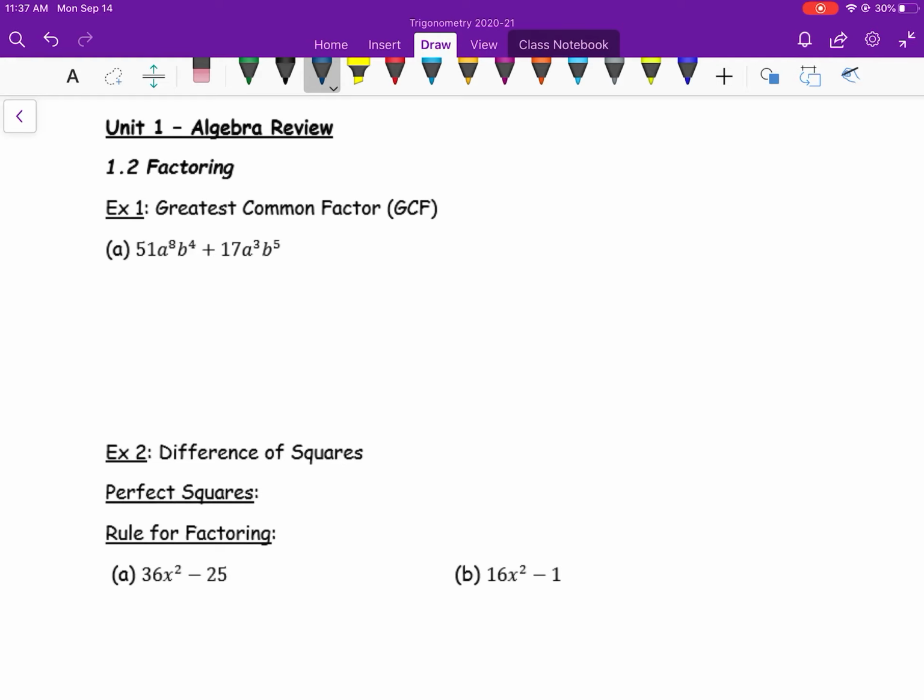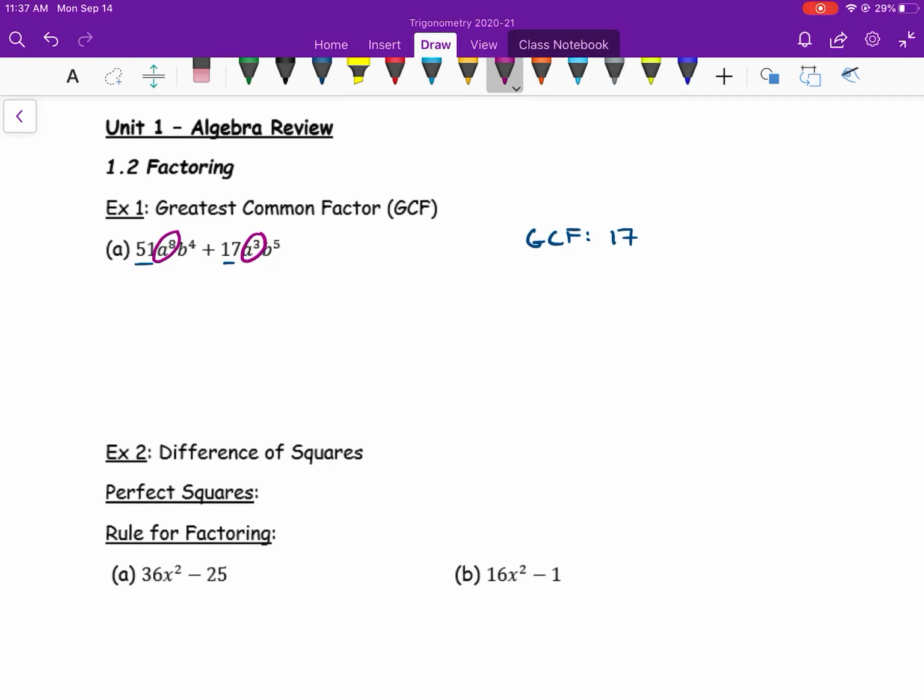So the first thing we'll look at is 51 and 17. And over here to the side, we're finding the greatest common factor. If you divide 51 by 17, it comes out evenly, so you have the greatest common factor of 17. Then we'll look at my A's.